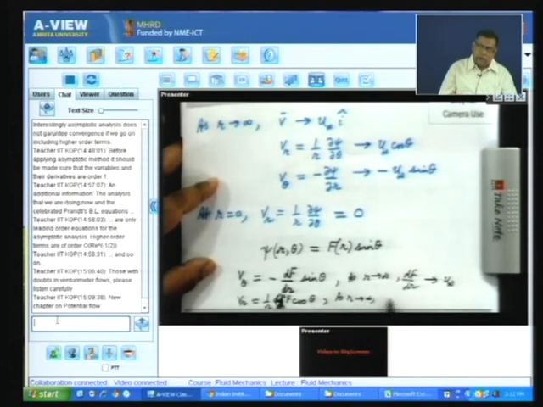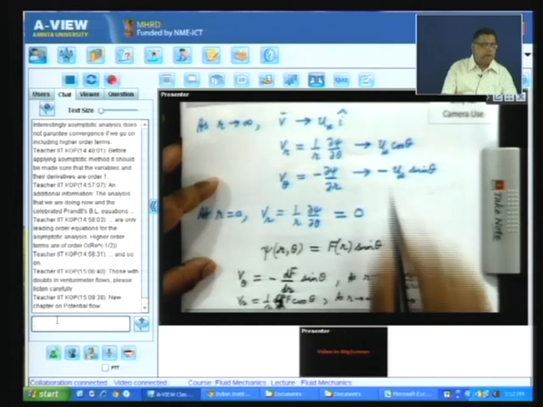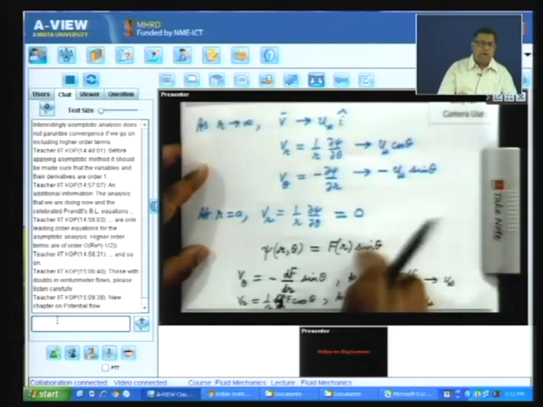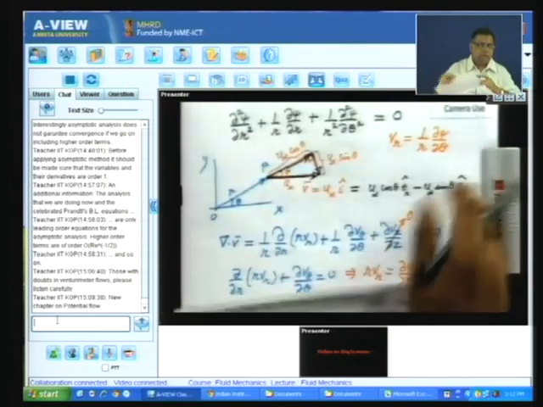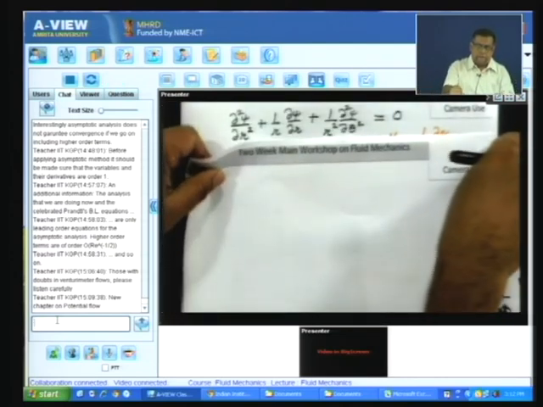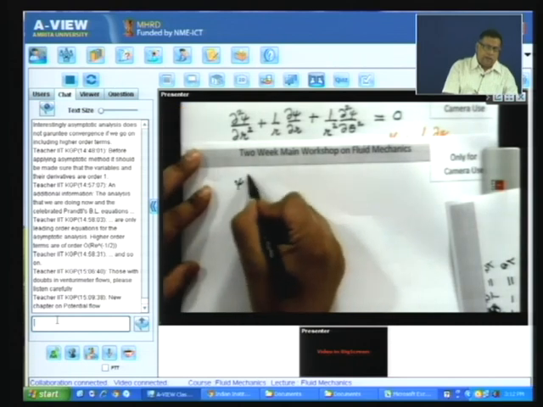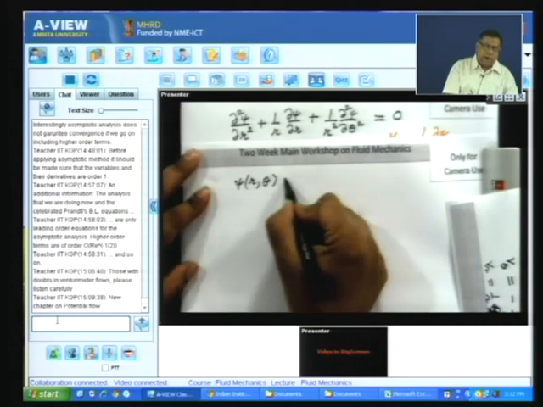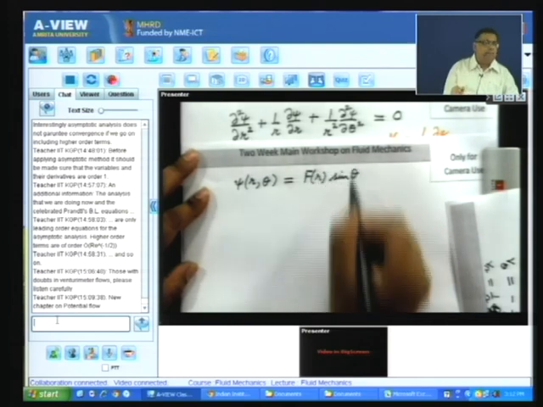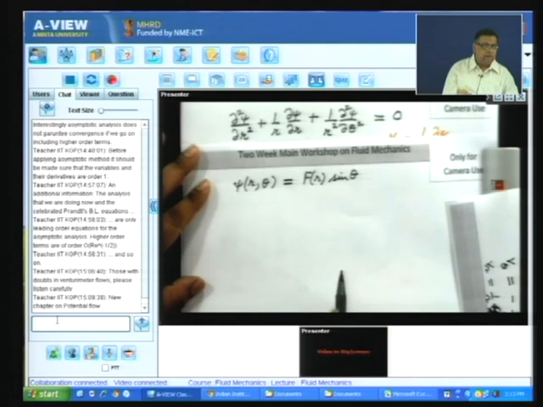As r goes to infinity, if f by r approaches u infinity, then this condition is satisfied, and at r equal to a, your V r must be 0. So, f must be 0. So, what we will do is we will take this form and substitute into that equation. We are going to try out this solution of the form psi r theta is a function of r only times sin theta. This form can satisfy the boundary conditions, just a single function like this.